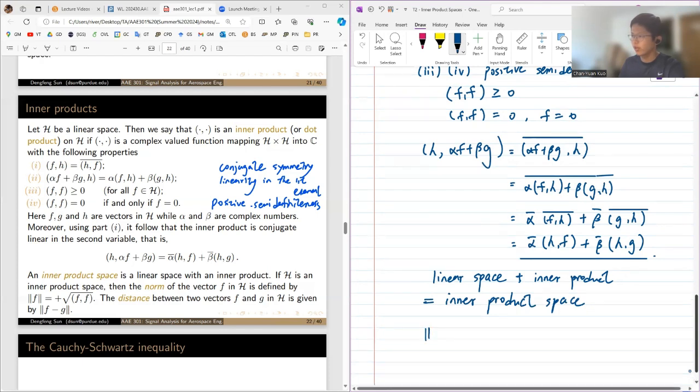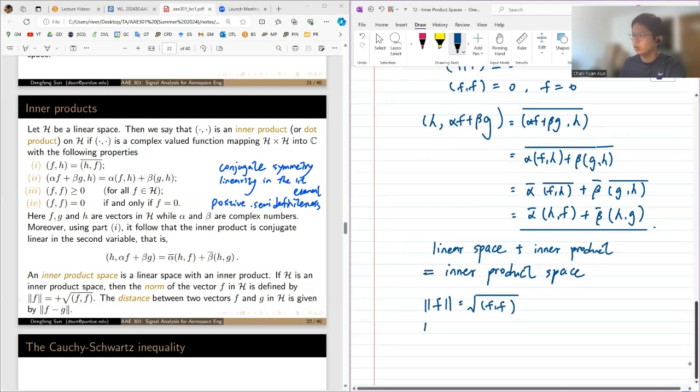So here we will define the norm of a vector f in the inner product space as the square root of the inner product of f and itself. And we can also define the distance between two vectors in the inner product space. So the distance between two vectors f and g will equal the square root of the inner product of f minus g and f minus g.